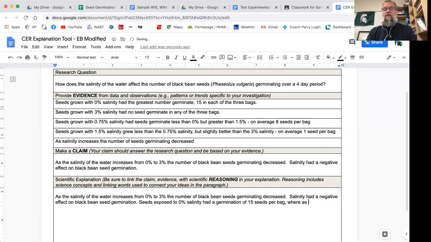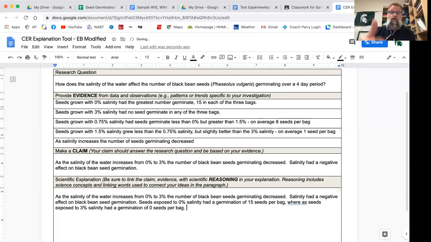Whereas, I'm going to link this to another piece of evidence, whereas seeds exposed to 3% salt or salinity had a germination of 0 seeds per bag.